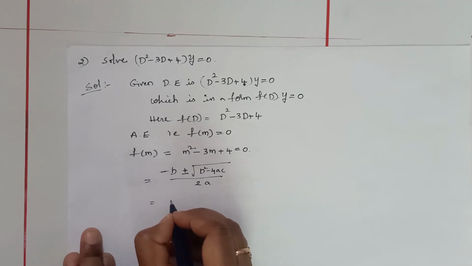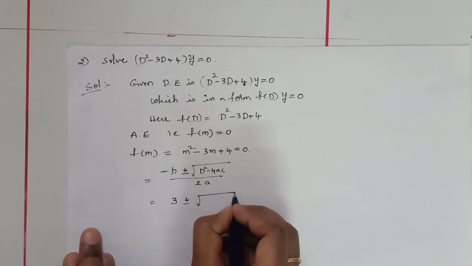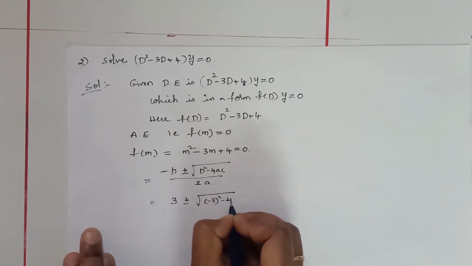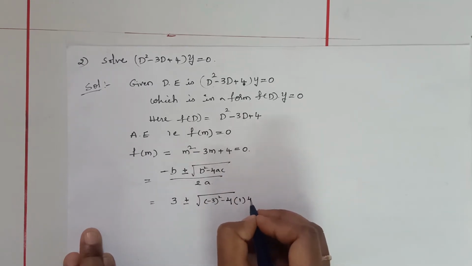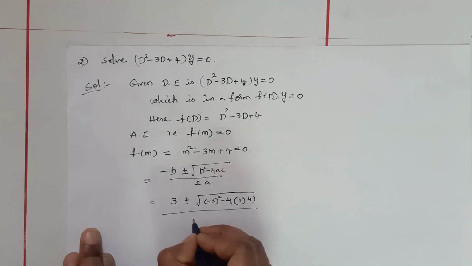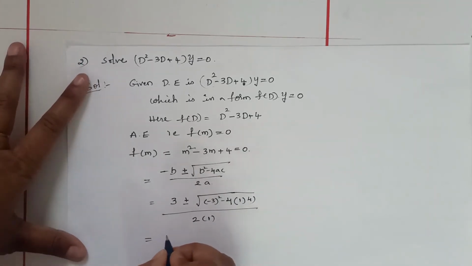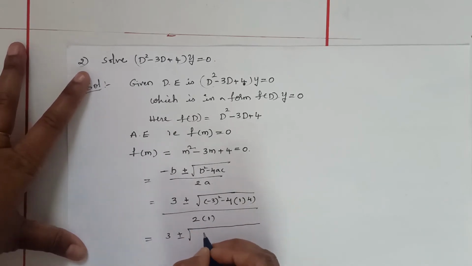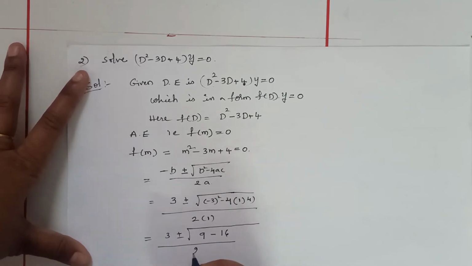Minus of minus 3, plus or minus under root of minus 3 whole square minus 4, a is 1, c is 4, by 2a, 2 into 1. This is equal to 3 plus or minus under root of 3 whole square is 9 minus 16, by 2.